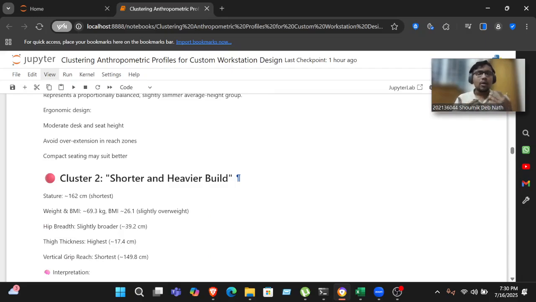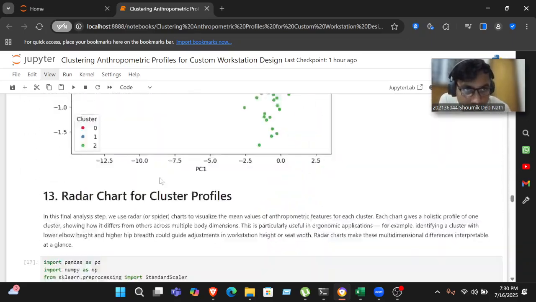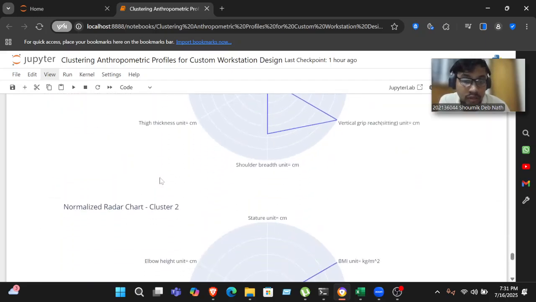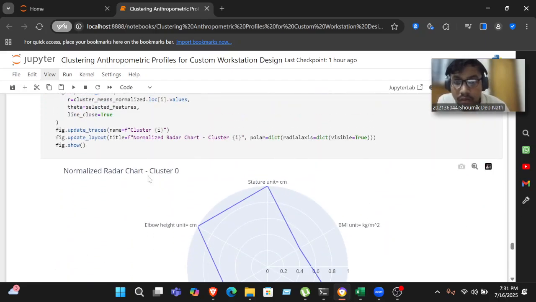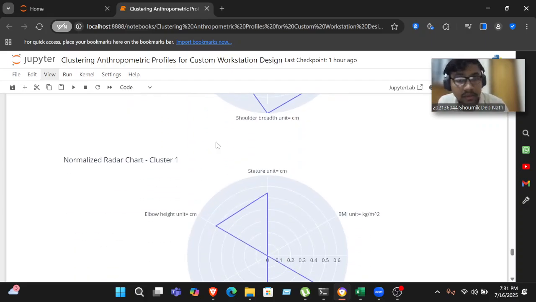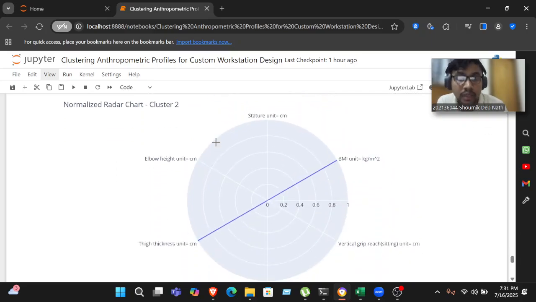So how have I recognized what cluster 0, cluster 1, and cluster 2 are based on? I have realized it from this. Let me show you, and it's at the end of my project. So here is the radar chart. From the radar chart, I have realized what cluster 0 means, what cluster 1 means, and what cluster 2 means.